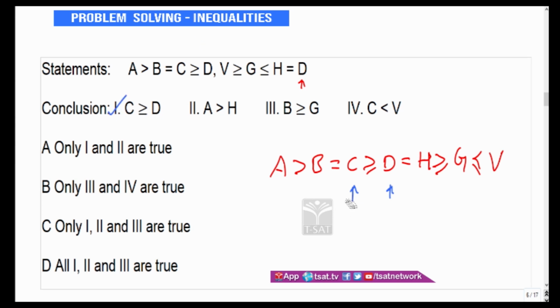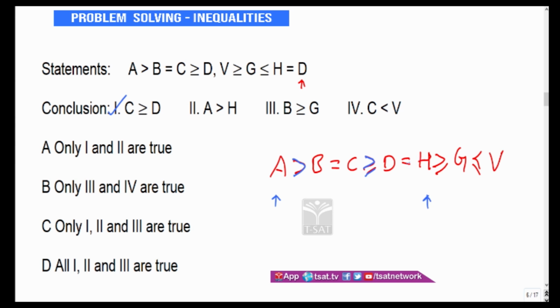Let's check conclusion 2. Conclusion 2 says A is greater than H. See the two letters, A here and H here, and it is saying greater than. Whenever you see greater than, all the symbols should be greater than. So here greater than, correct. Here also you have greater than or equal to, then also correct.